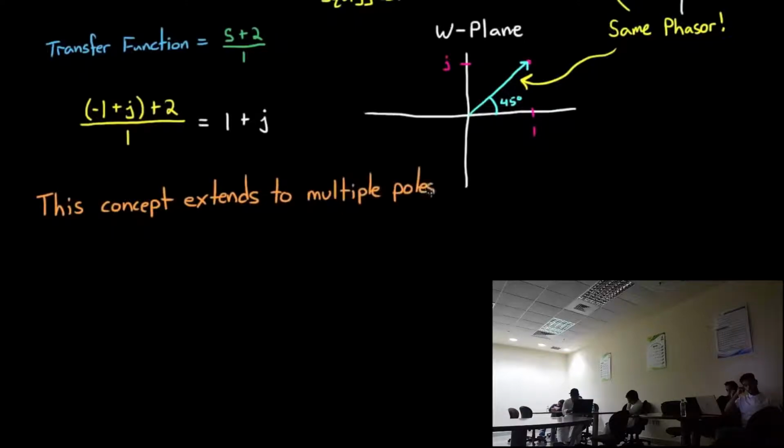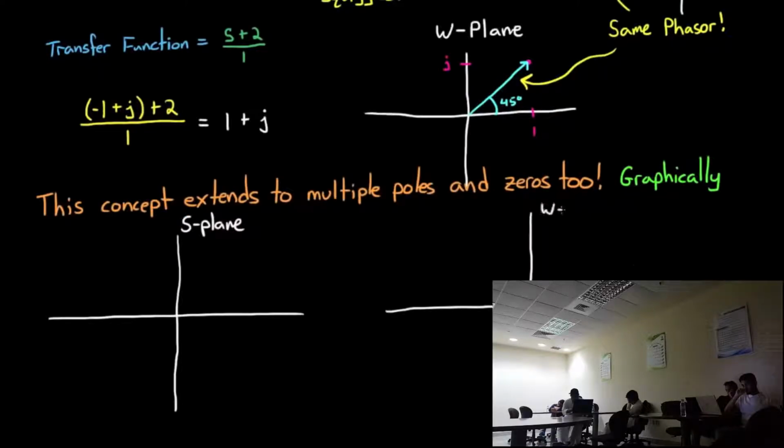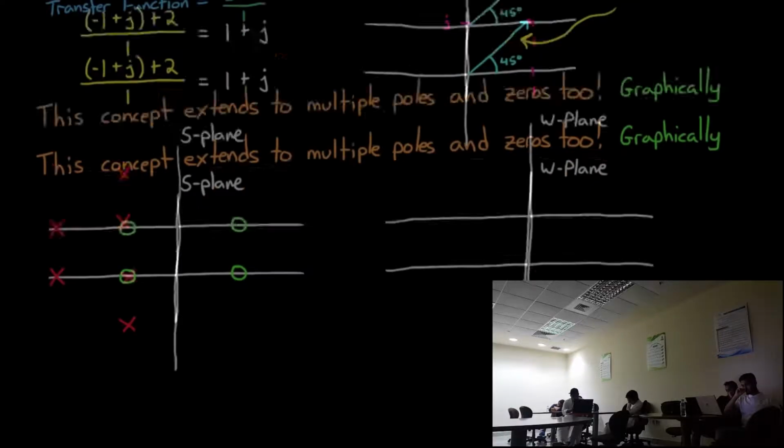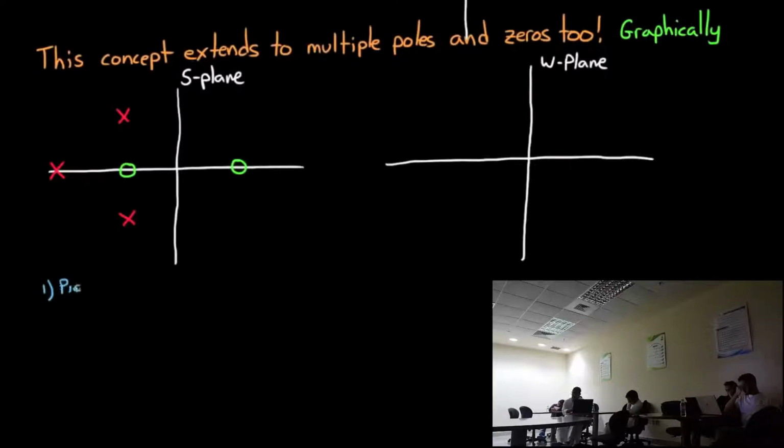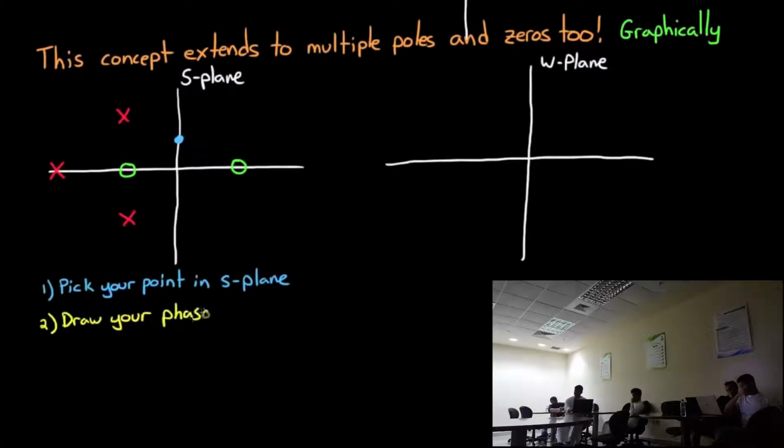And what's nice is that you can figure out the mapping between the s-plane and the w-plane graphically. I'll show you how in this set of 3 poles and 2 zeros. Step 1 is to pick the point in the s-plane that you want to map over to the w-plane. Step 2 is to draw the phasors from each of the poles and zeros to that point.